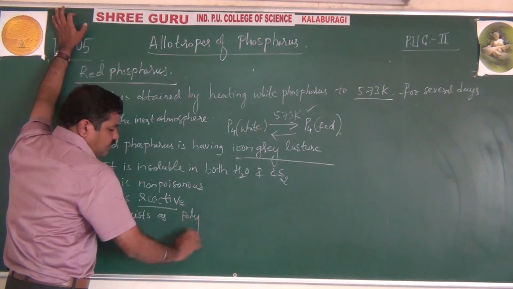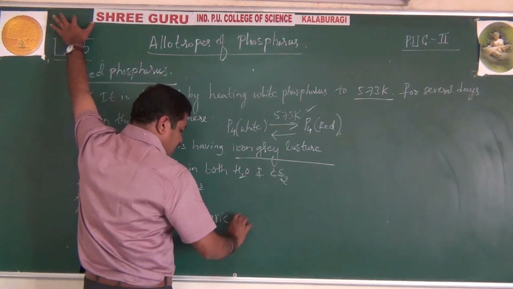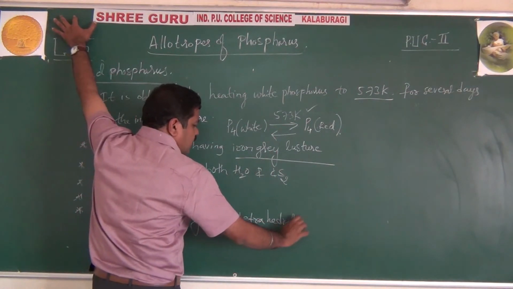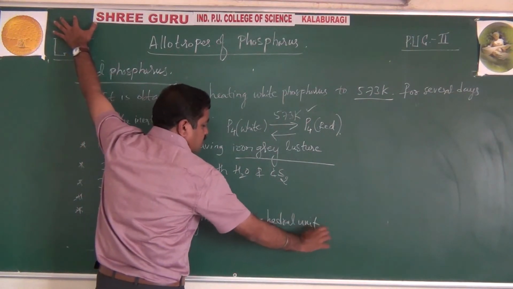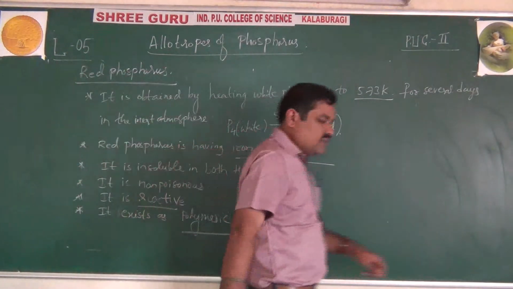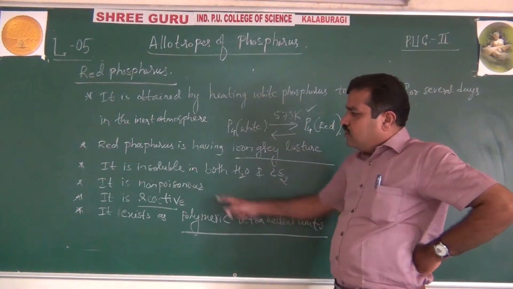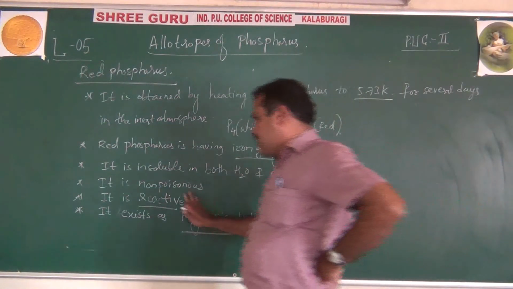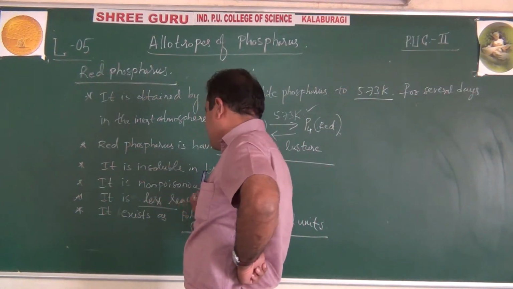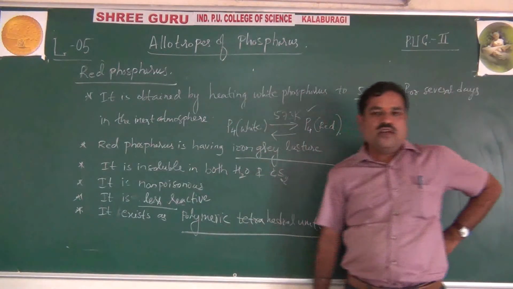It exists as polymeric tetrahedral units. Very important: polymeric tetrahedral units. Because of this, it loses its angle strain and becomes less reactive, not more reactive. Why? Upon forming the polymeric tetrahedral structure, it loses its angle strain.